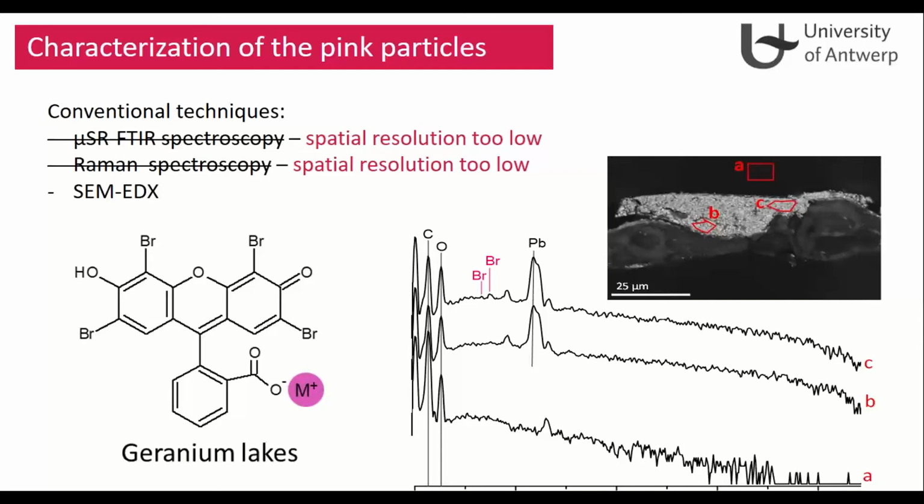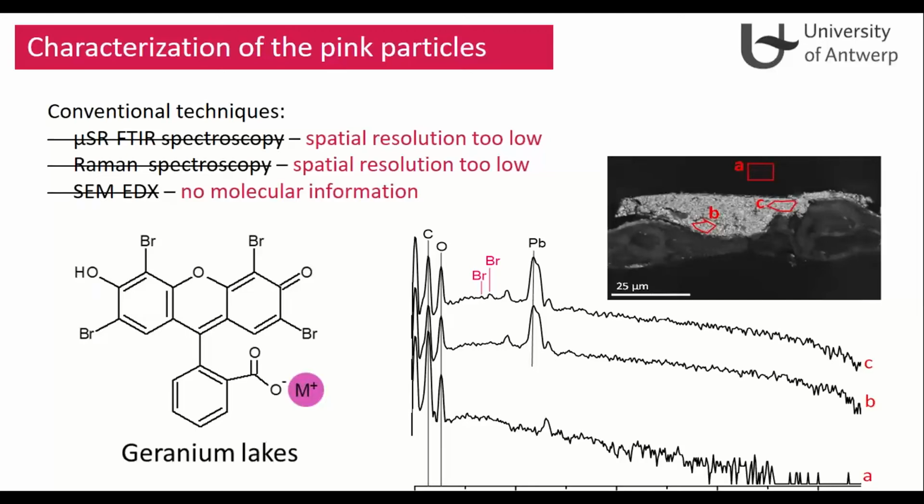So it seems that the presence of bromine is correlated to the pink regions, and the presence of bromine is also linked to the presence of geranium lake, since this molecule has bromine bonds in the xanthene group. So these results would agree with the presence of geranium lake in the painting. But still, since we don't have molecular information, we consider it's not enough to discriminate the presence of this pigment, again, unambiguously. It agrees, but it's not enough.